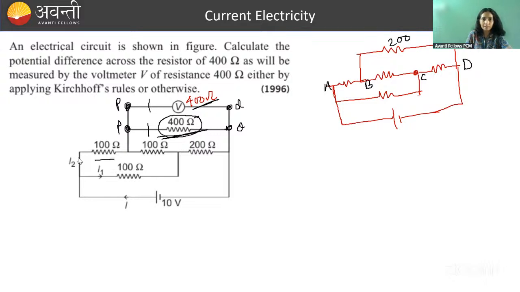And this is your 100. This is your 100 and this is also your 100 and this is your 200.